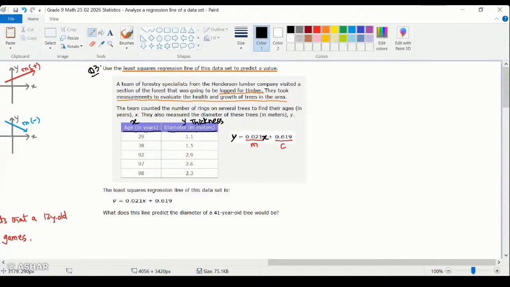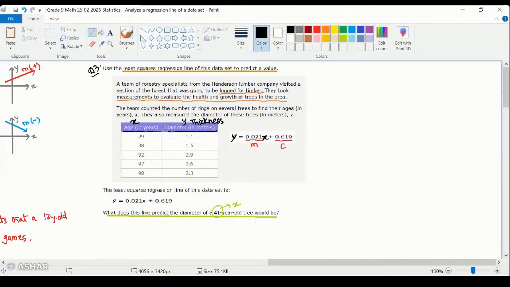Okay, so they're asking us what does the line predict the diameter of a 41-year-old tree would be. It says 41-year-old. That means it represents the age, and age is represented by x.